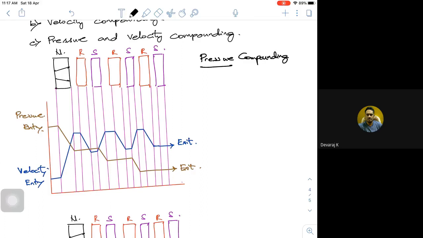What is pressure compounding? Look at this. In the rotor, the pressure is almost remaining the same, and in the rotor, the kinetic energy is getting absorbed while the pressure remains constant. If I'm able to do this in any kind of steam turbine, it is called pressure compounding.